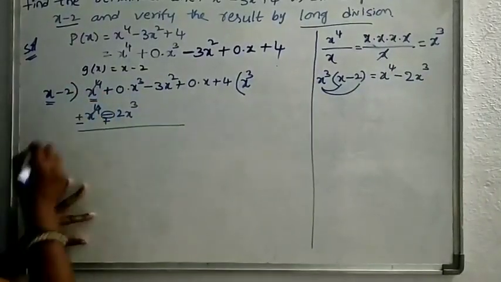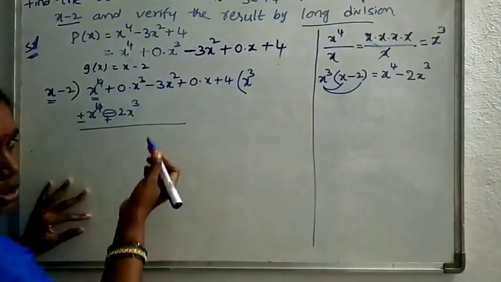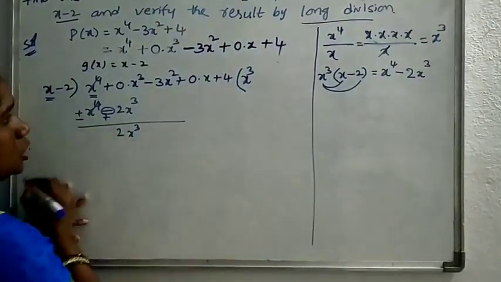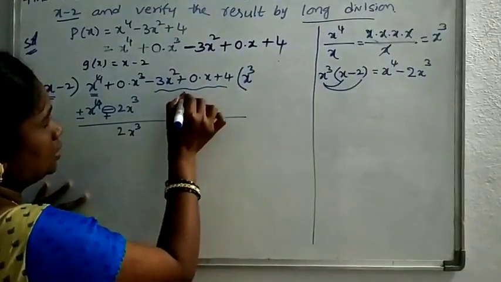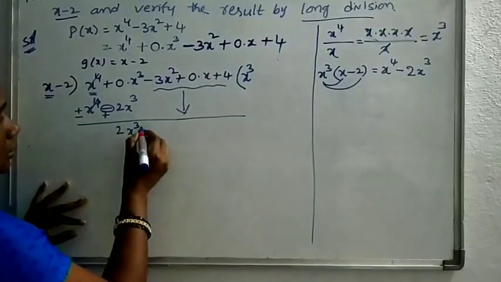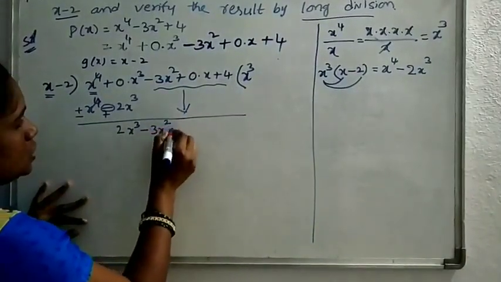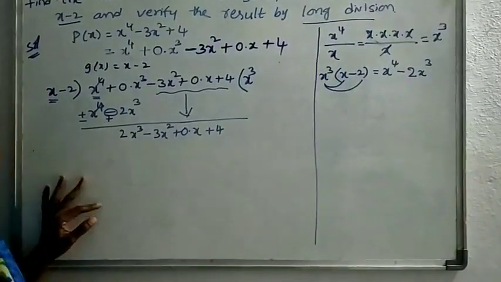Plus x power 4 minus x power 4 getting cancelled. Here 0 into x cube, nothing is there. So we have to write 2x cube. Now we will write all the remaining terms under. So minus 3x square plus 0 into x plus 4.